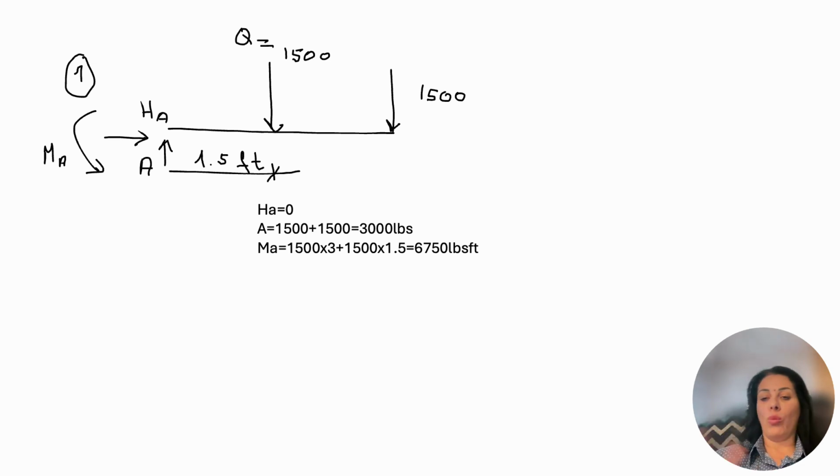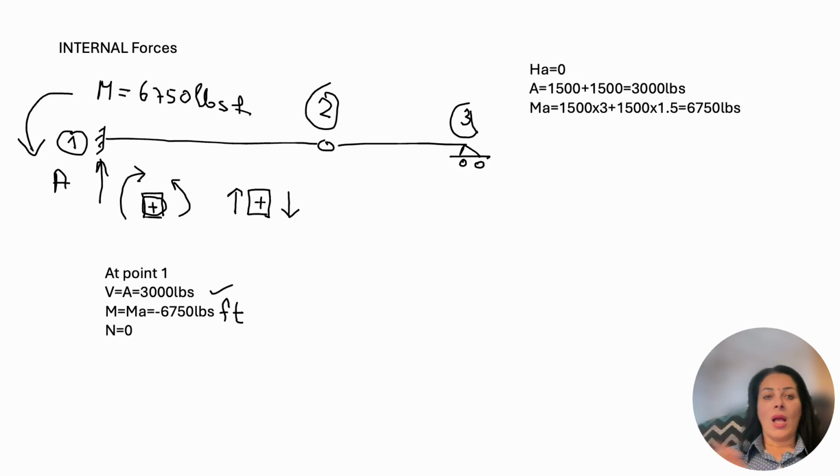And the sum of all moments has to be equal to 0, which means the moment about point A from the distributed load will be 1,500 times 1.5. Then from the reaction at point B, which is 1,500 times 3, and we will have minus MA equal to 0. So using the third equation, we determine that MA is 6,750.